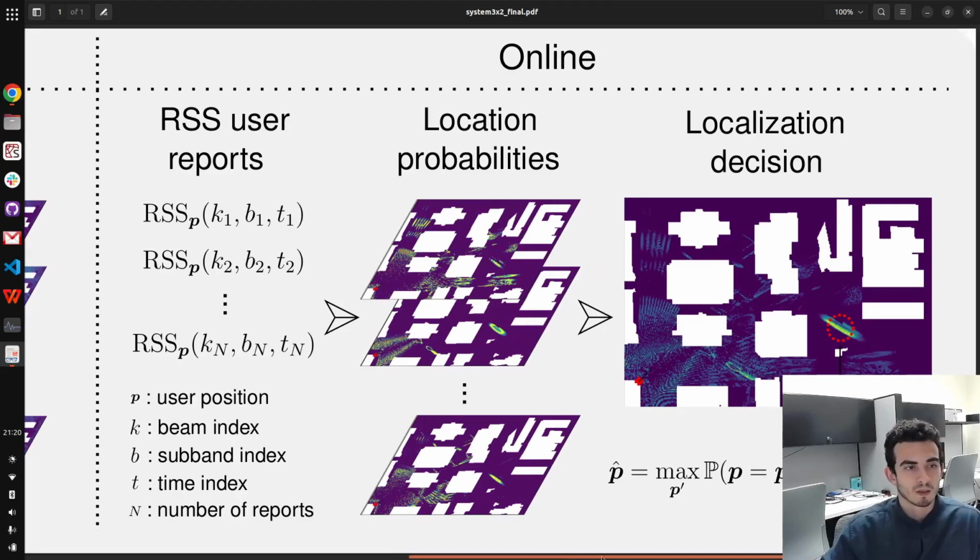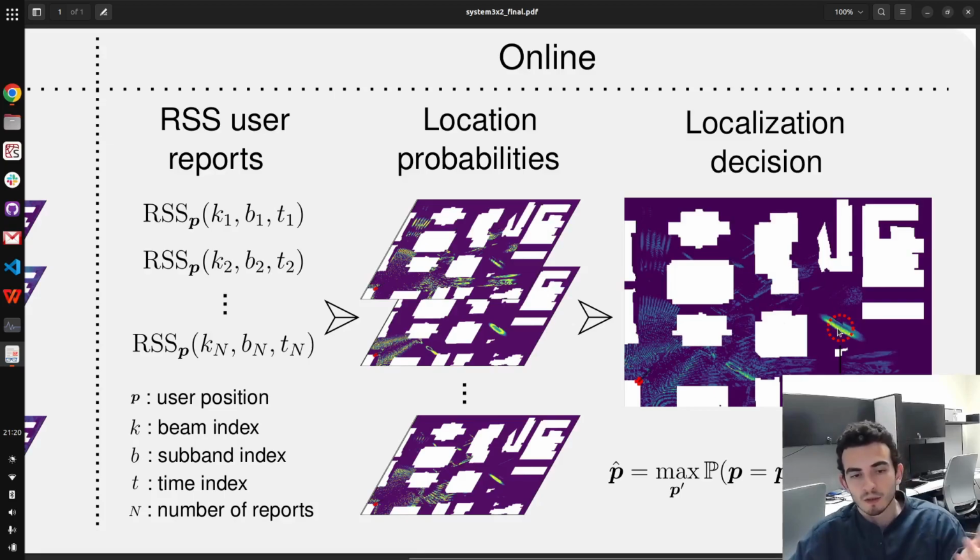And we essentially merge all those into a final probability grid, and then we use the maximum likelihood, or the position that has the maximum probability of the user being in that place, assuming in our case the normal distributions. We report that position back.